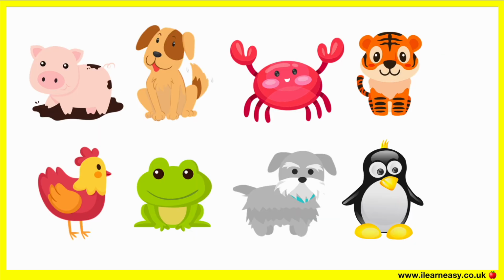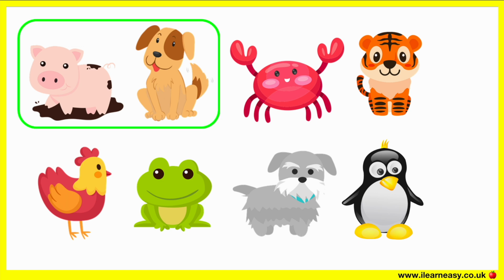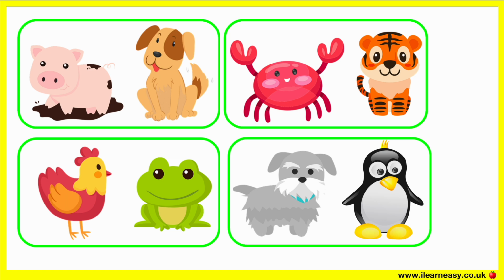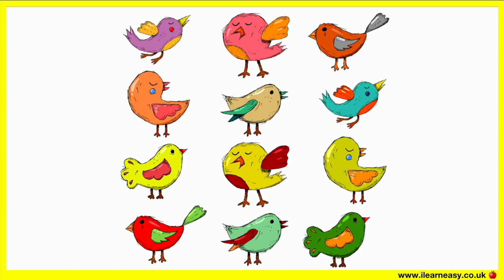Here are 8 animals. Does each animal have a friend? The answer is yes. Each animal has a friend. Therefore, the number 8 is an even number. Here are 12 birds. Does each bird have a friend?